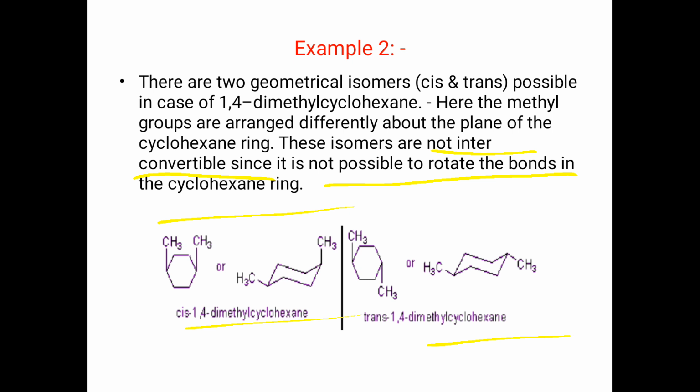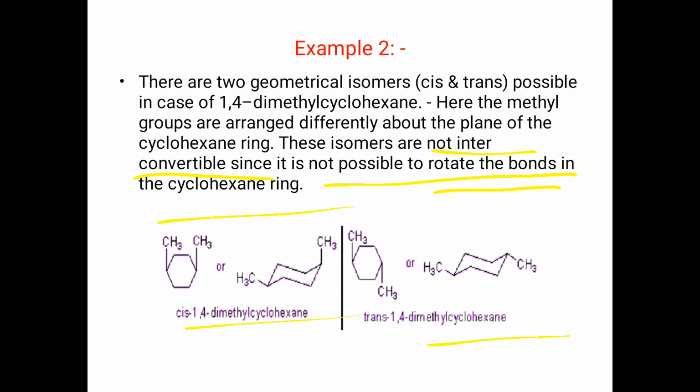In geometrical isomerism, the isomers are not interconvertible. But in the case of optical isomers, dextro and levo rotation is possible. Here, due to restricted rotation, rotation of the bonds in the cyclohexane ring is not possible.